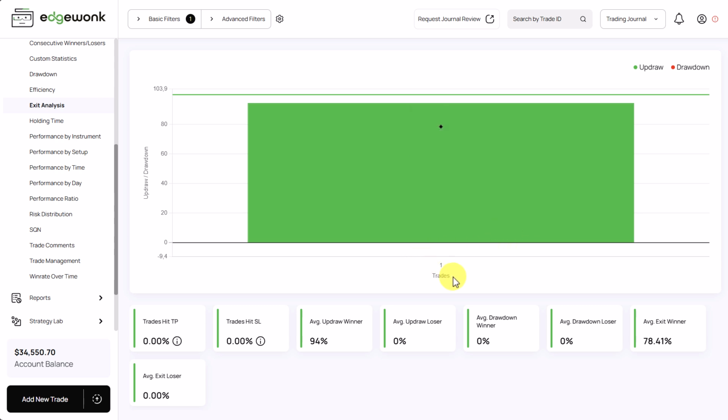But in this case, we don't have any red part because from the start, the trade just worked in our favor. So this is a really helpful feature just to visualize the price path and to also see how close the price is on average coming towards your take profit or towards your stop loss. And then this gives you some ideas on how you can manipulate and test different take profit and exit strategies.